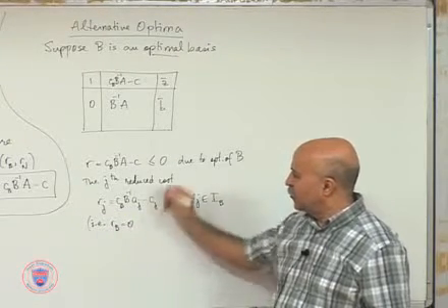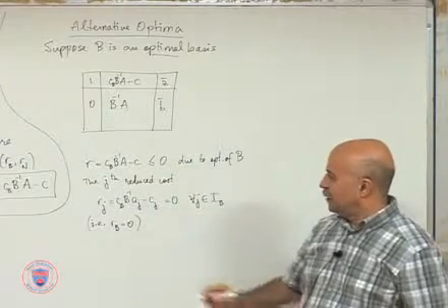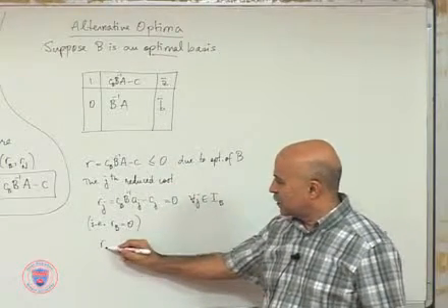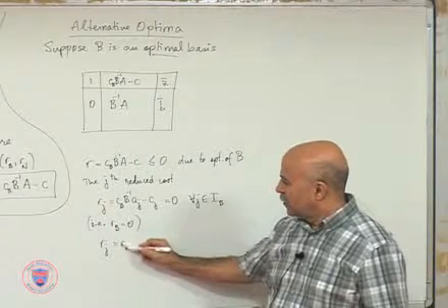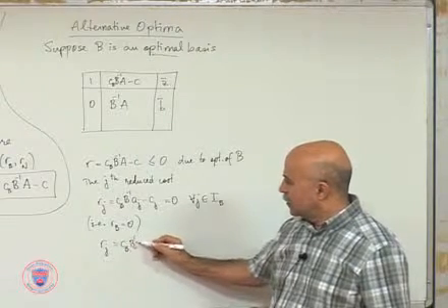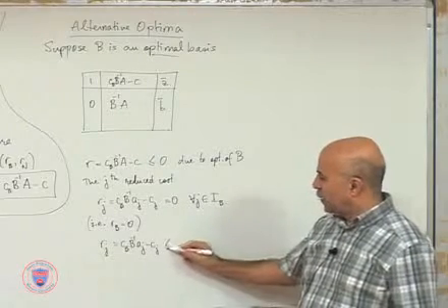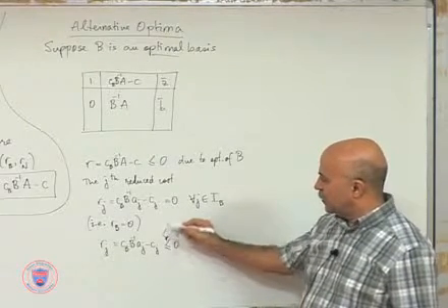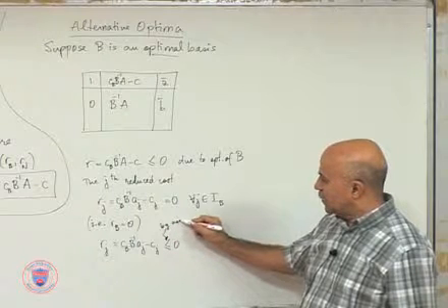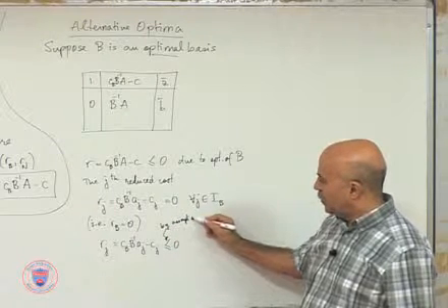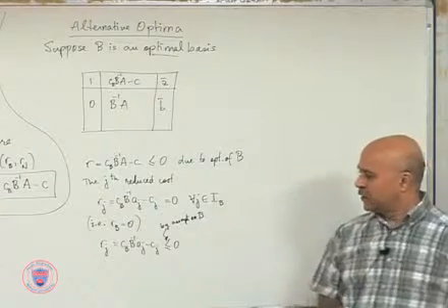RB equals 0, always satisfy the inequalities. For non-basic j, what you have here is this one, and they are less than or equal to 0 by assumption on the optimality of B. Okay?